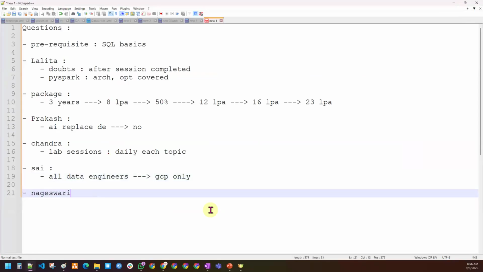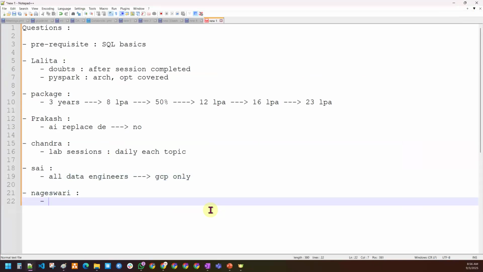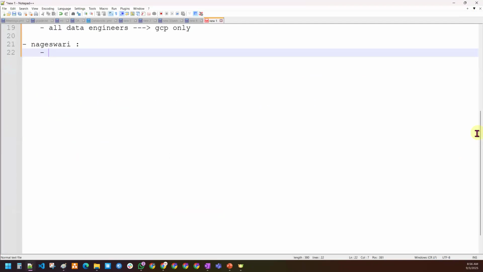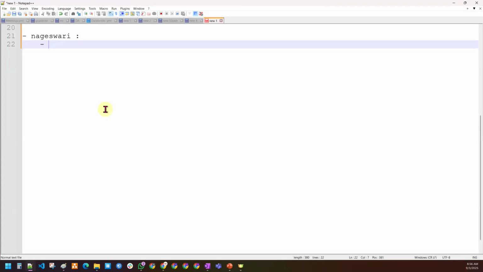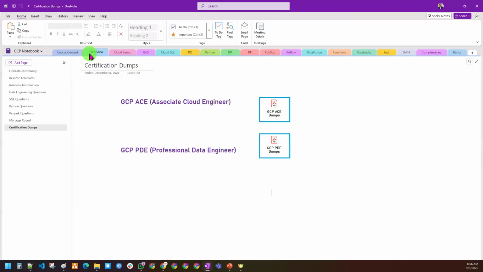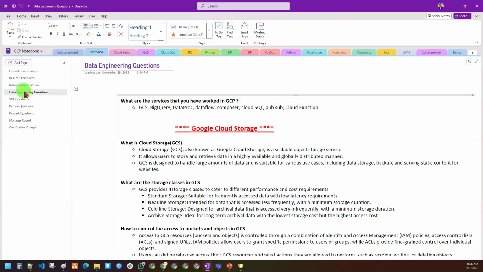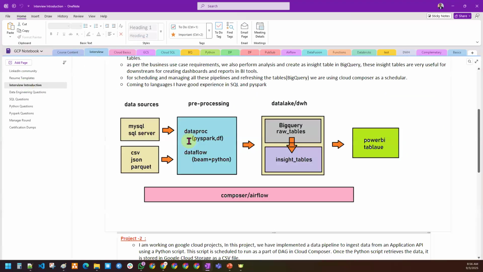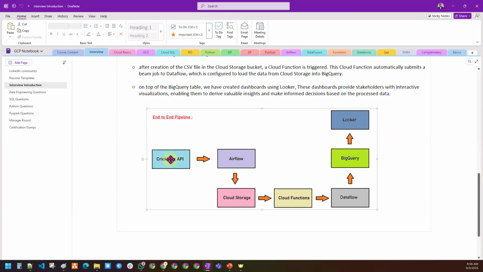Of course. So you might have seen here, for example, the QuickBuzz API, Airflow, Cloud Storage, Cloud Functions, Dataflow, BigQuery, Looker is one of the things.